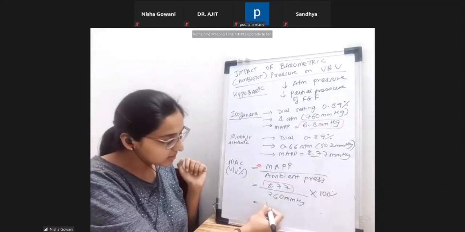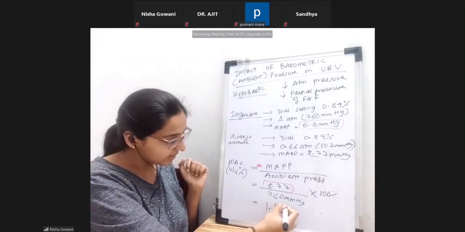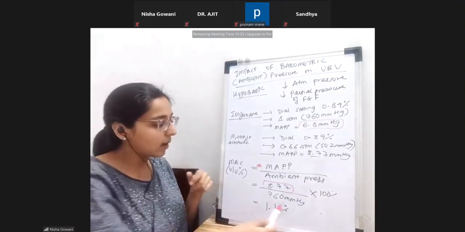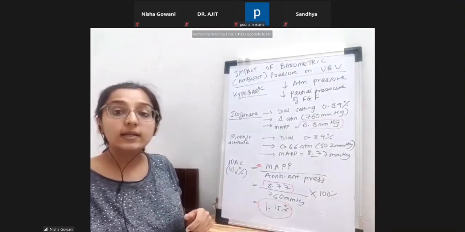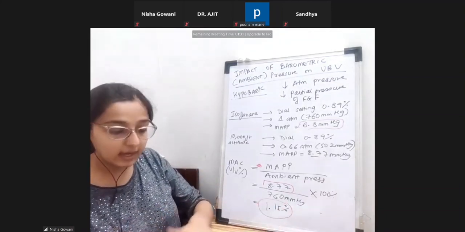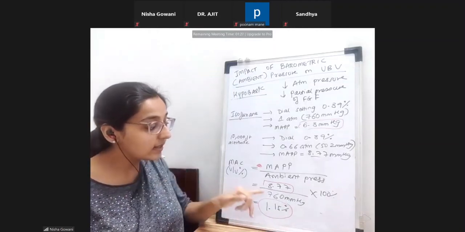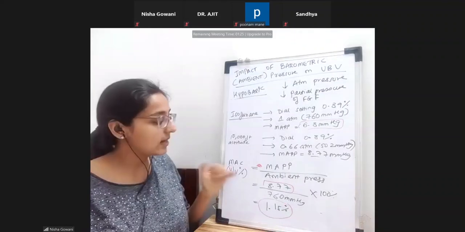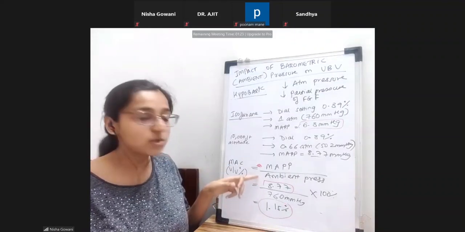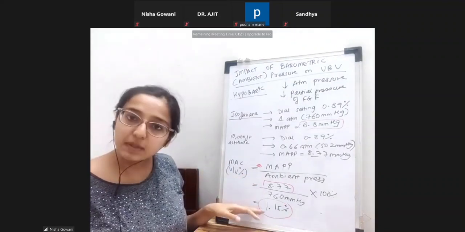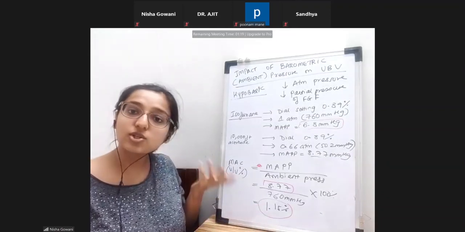The calculation of this came to 1.15%. Then they realized that the issue is the denominator. As the denominator keeps changing, the value of MAC, that is the volume concentration, is changing.